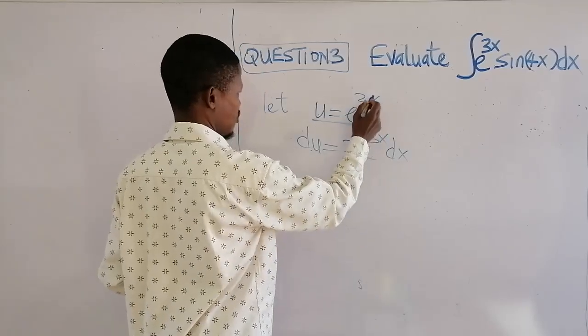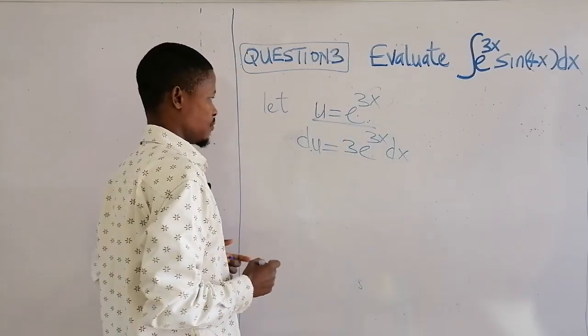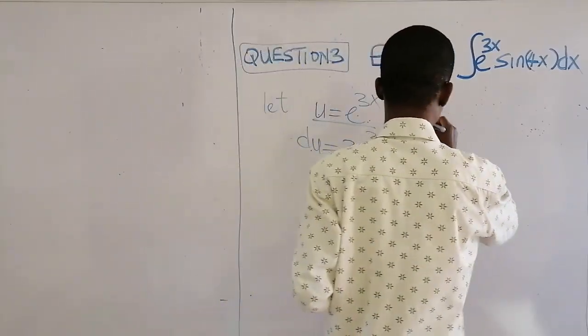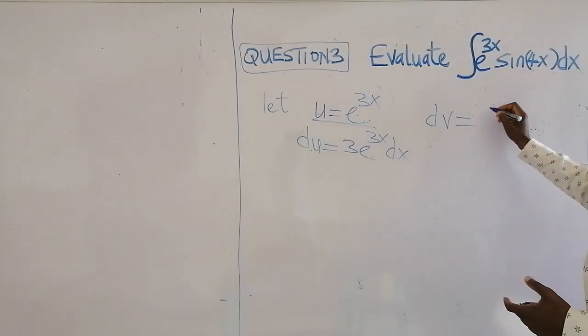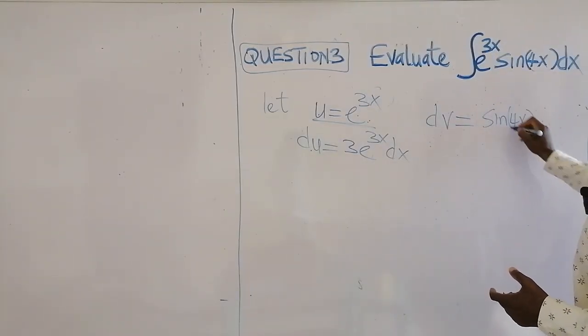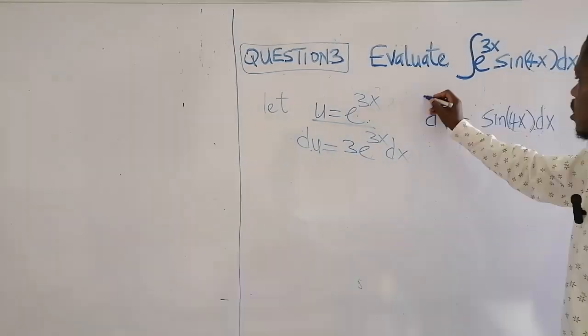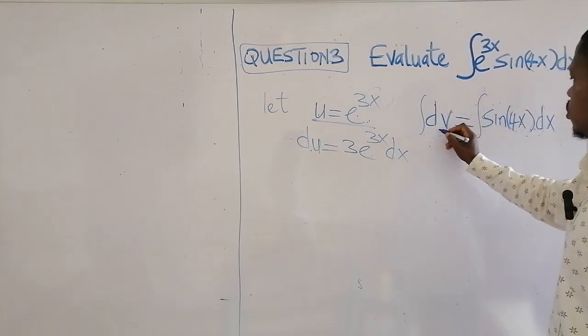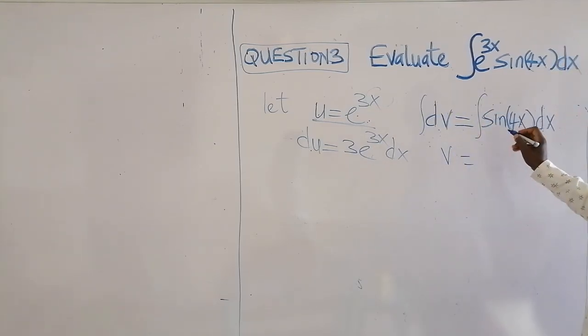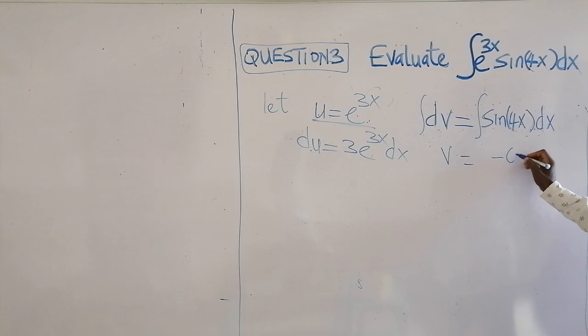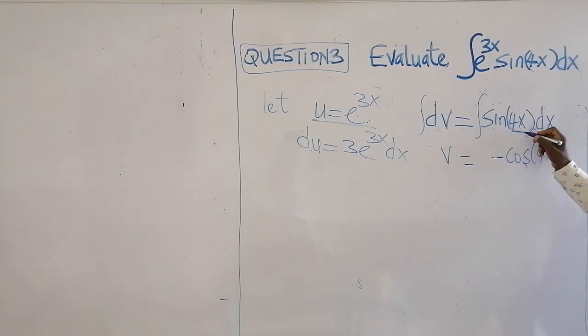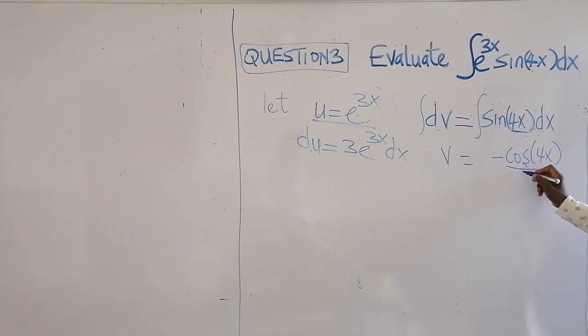That's the derivative of this function. Then our v is going to be sine 4x dx, integrated. So v equals the integral of sine, which is minus cos of the function 4x, then you divide by the derivative of that inner function, over 4. The derivative of 4x is 4. So that's the v.